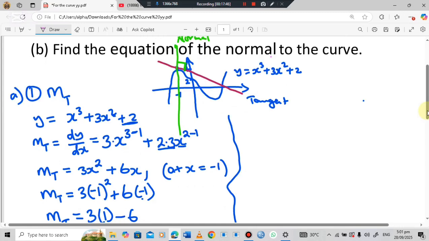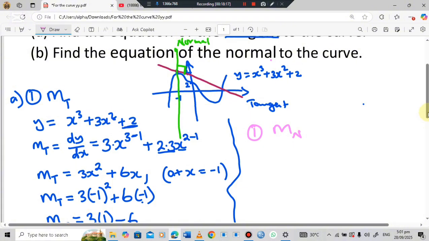All right, so what is the first step that we are supposed to do in order for us to find the equation of the normal? So the first step is to find the gradient of the normal. So I'll put mn. All right, so since the normal and the tangent cross each other at 90 degrees, you have to know that the product, in other words, mt, the gradient of the tangent times the gradient of the normal, you should get -1. All right.